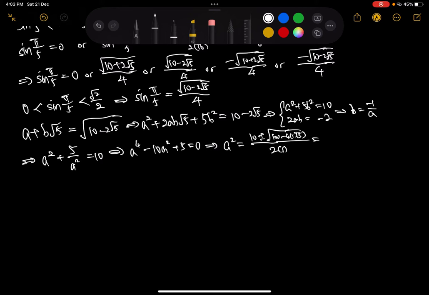And again, we have 100 minus 20 equals 80, which is just 4 root 5. We have the same issue.